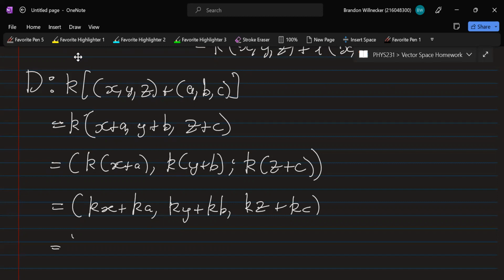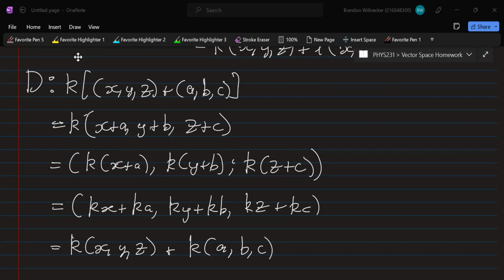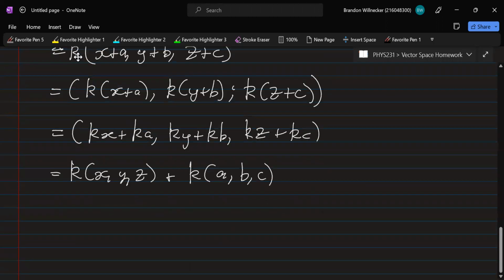So this can be written as k(x, y, z) plus k(a, b, c). Okay, so once we get everything into a single vector, we can just undo those operations using the scalar multiplication rule and the vector addition rule. And then we can manipulate it how we wish.